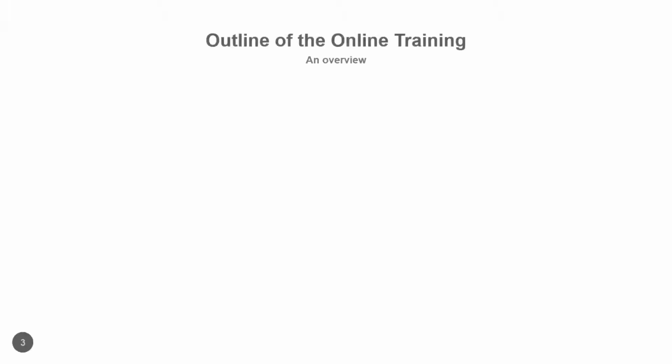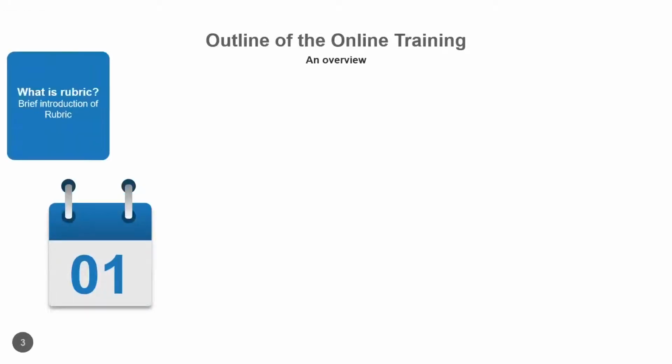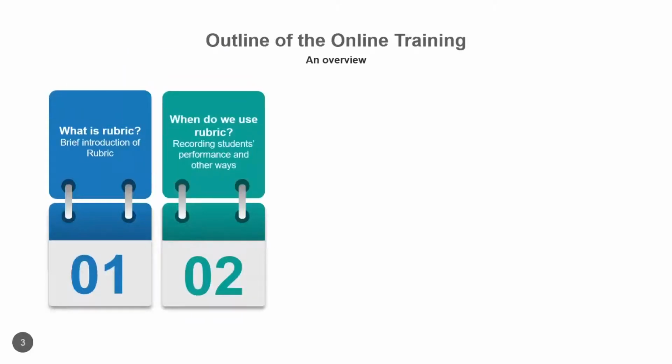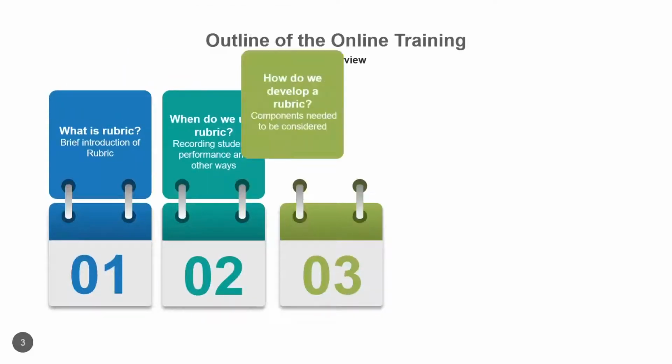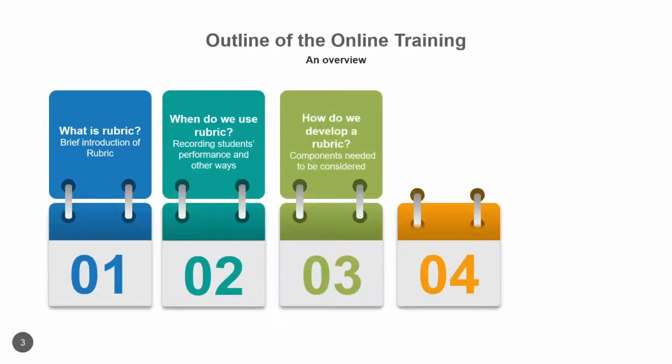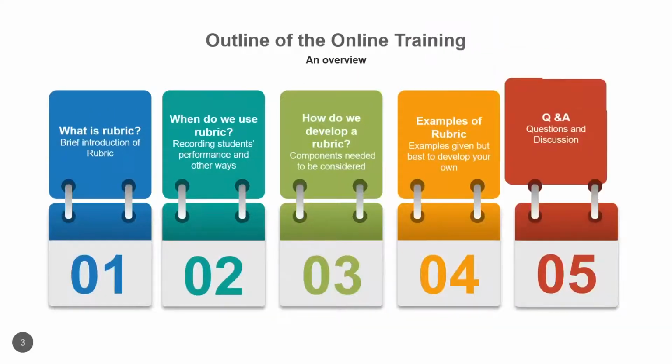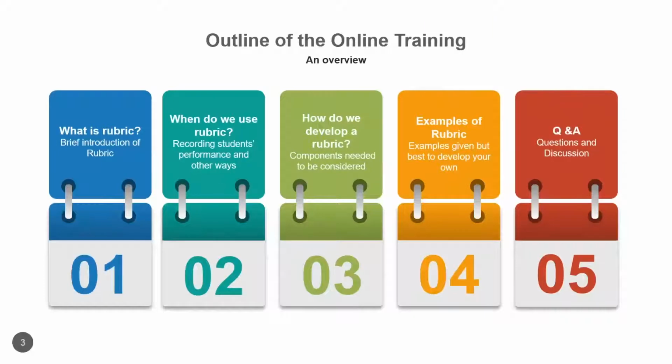When we're talking about rubrics for student assessment, what we will be looking at in this session is, first, what is a rubric, just to make sure that everybody is clear about it. When people say rubric, what is that? We will deal with that first.